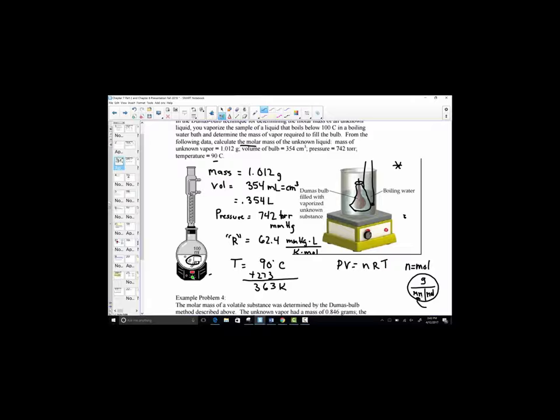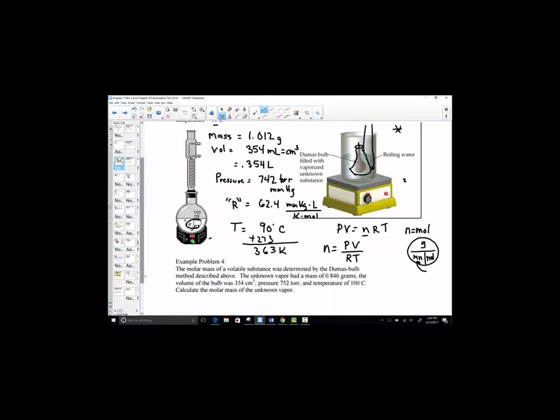We're looking for this variable ultimately, the molar mass of our unknown. We'll do so by solving for n, the number of moles, and once we know moles, we can pull out molar mass. So just rearranging here, P times V set over R times T isolates the n variable, the number of moles.